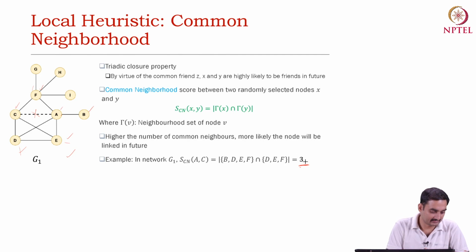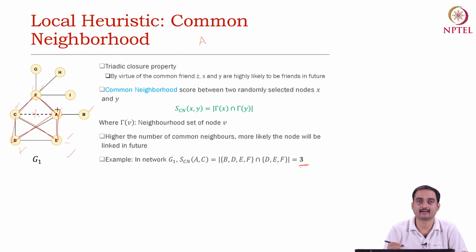This is the simplest measurement, and in the matrix formulation, if you take the adjacency matrix A, you are essentially looking at paths of length 2. How many such paths of length 2 are there between A and C? This is one path, this is one path, and this is one path.